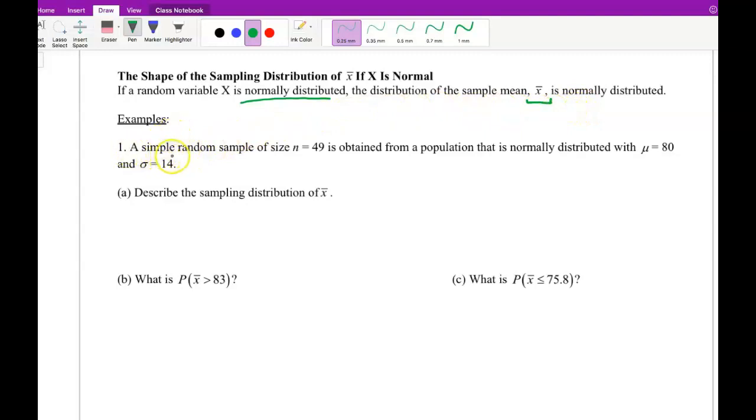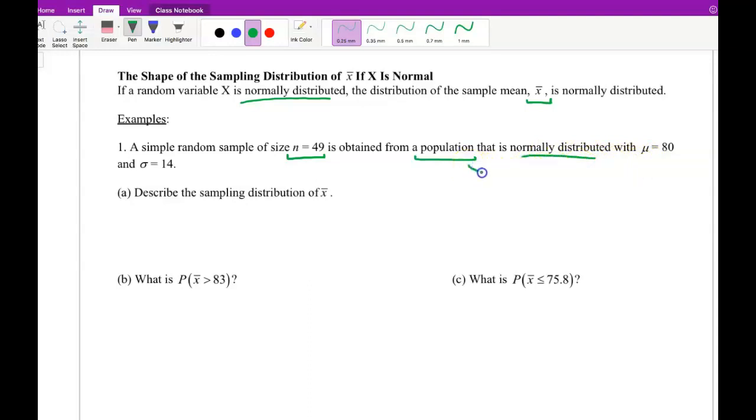Now example number 1: a simple random sample of size n is obtained from a population. This population is normally distributed. This is important.